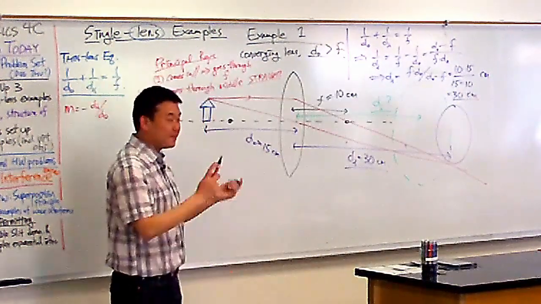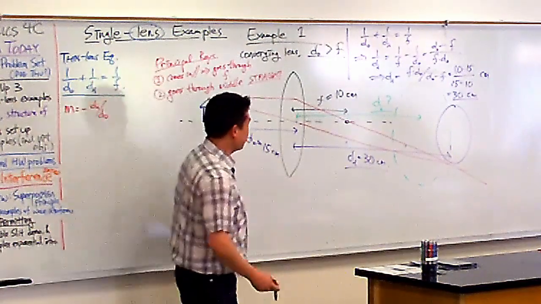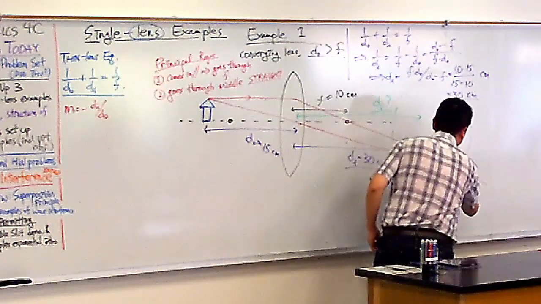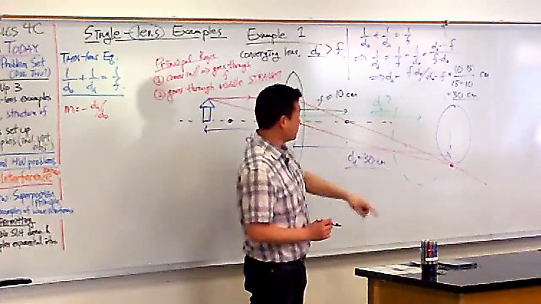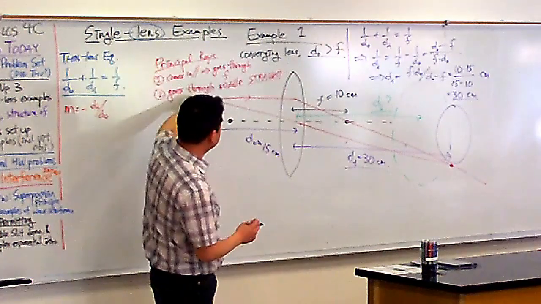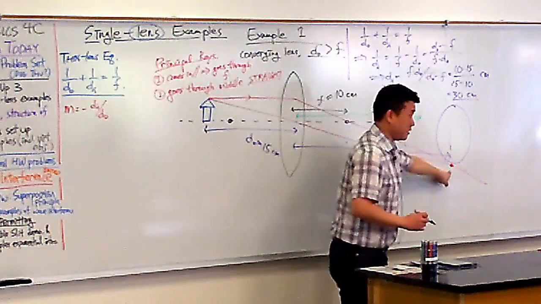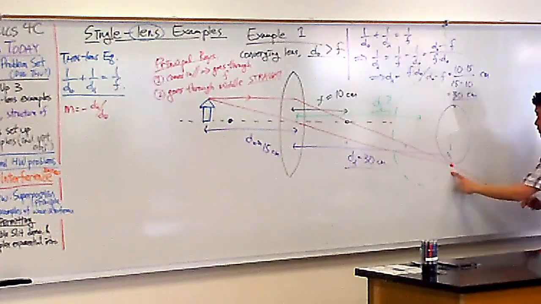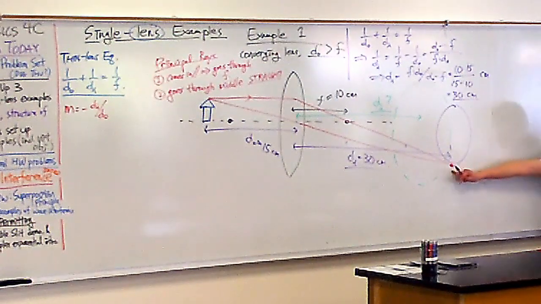So if you did it with a straight edge and with perfect precision, then you should end up somewhere here. And what that intersection tells you is that the light rays from this point all come together to a focus here. So when you are looking at these light rays from here, they will look like they are coming from this point.